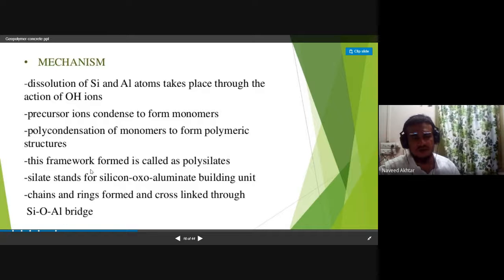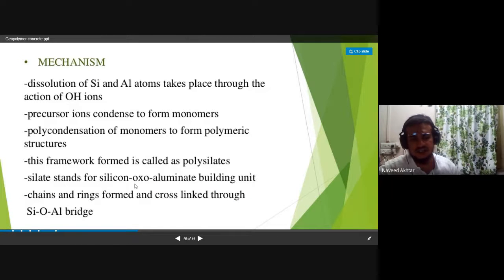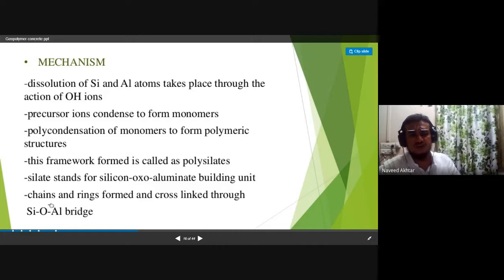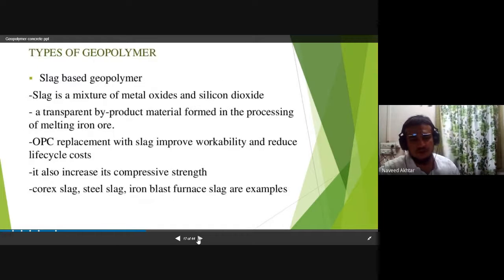This framework is called polysialates. Sialates stand for silicon oxo aluminum building unit chains and rings, formed across the link through the Si-O-Al bridge, and that is nothing but the process of your polymerization.